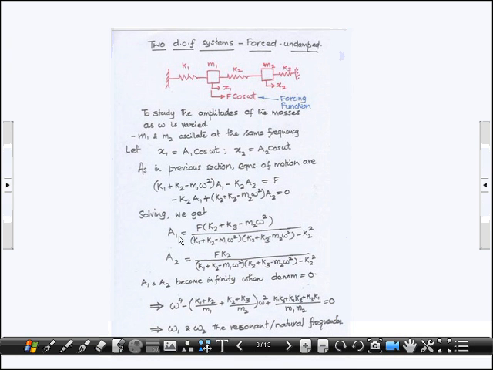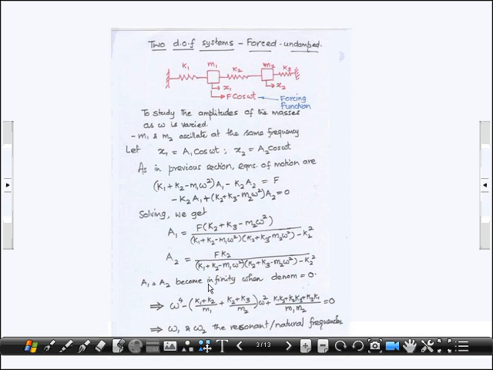The amplitudes a1 and a2 will theoretically reach infinity when the frequency omega reaches a natural frequency. That is the case of resonance. For that to happen, we have to have this denominator becoming 0.